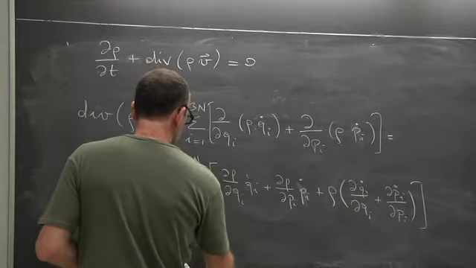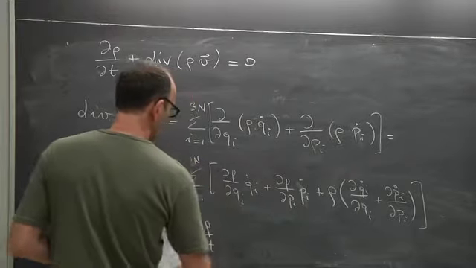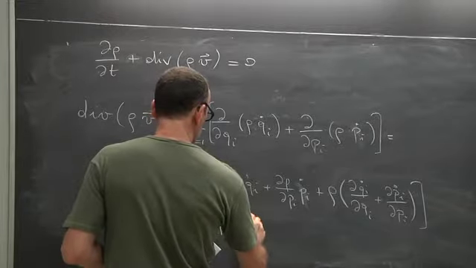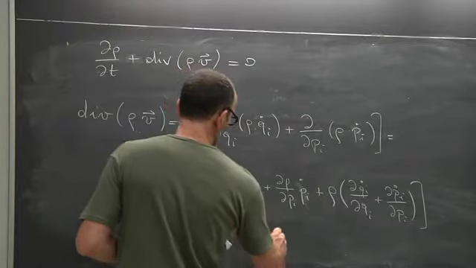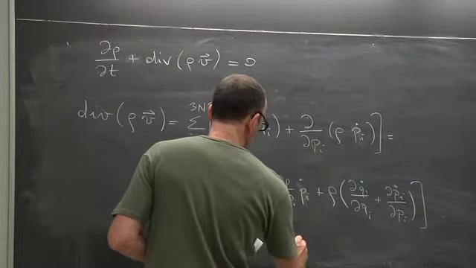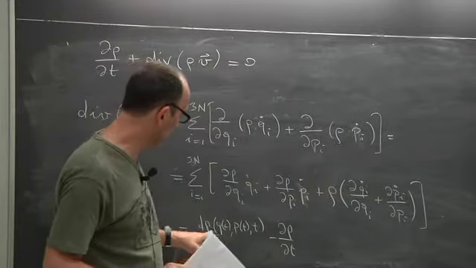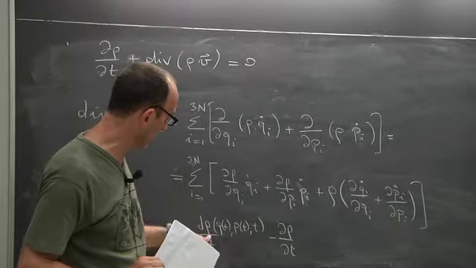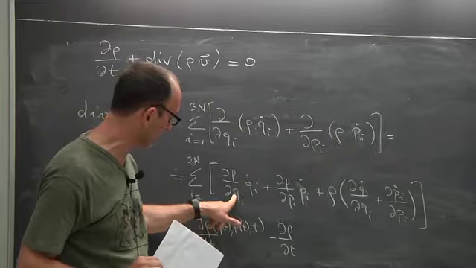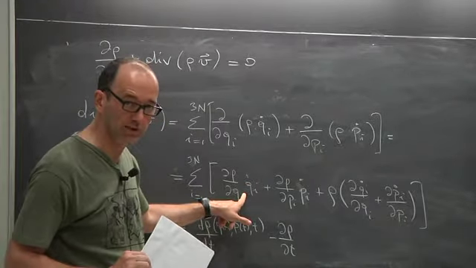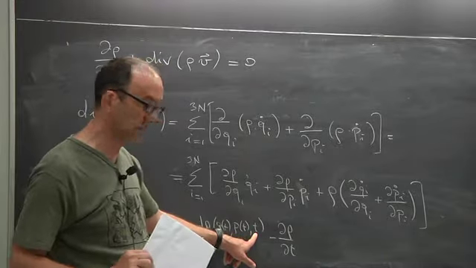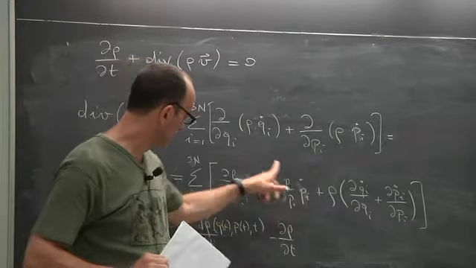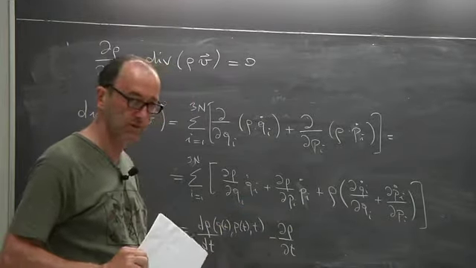It's just the total derivative of ρ with respect to t, of ρ computed in q(t), p(t), and t, minus the partial derivative of ρ with respect to t. If you want to compute the total derivative of ρ as a function of t, you have to take the partial derivative of ρ with respect to the coordinates times the time derivative of the coordinates, and then the explicit partial derivative over time. So this part here is exactly equal to this.